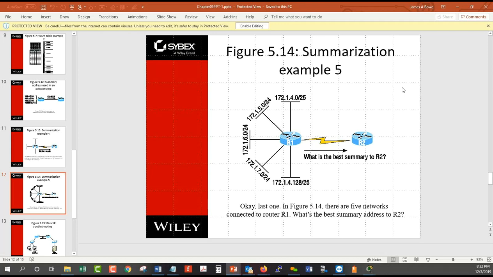All right. So what you need to do is identify what is common to all of these addresses. Well, if you look at these network IDs, you can see that 172.1 is common to all of them. So that is not our focus. Our focus is actually on the third octet. For this network, the third octet is a 4.